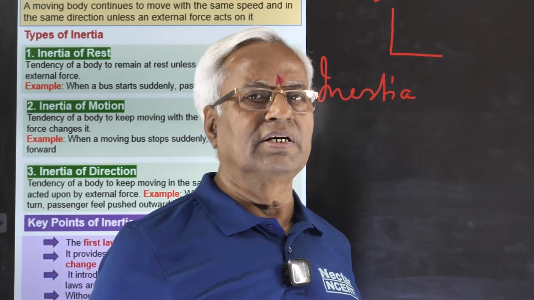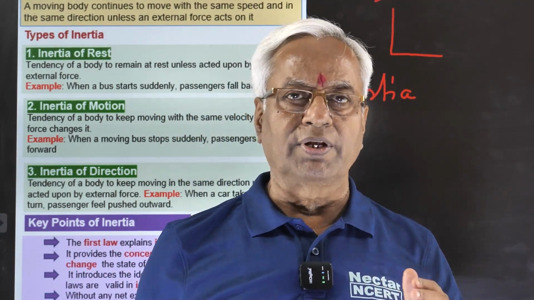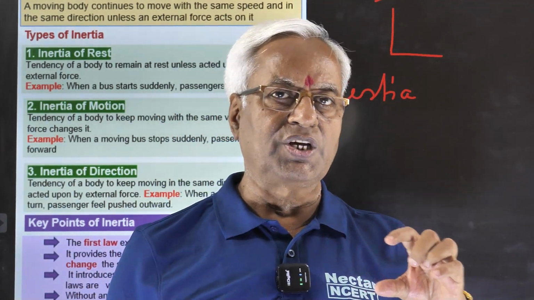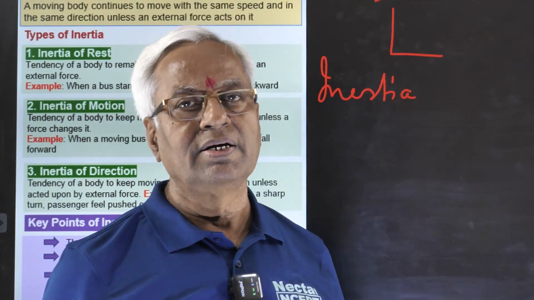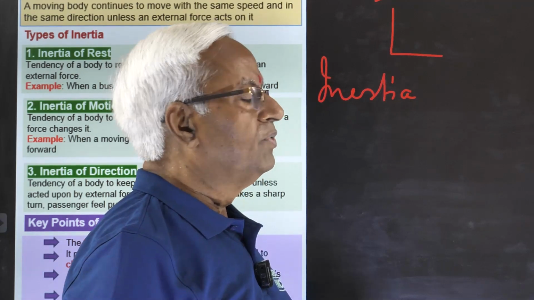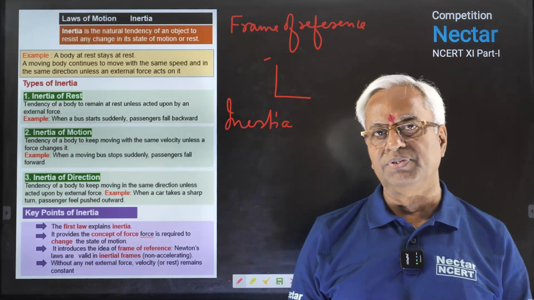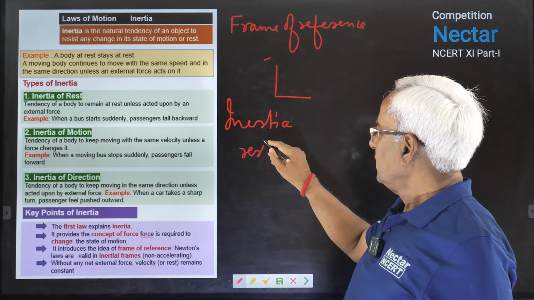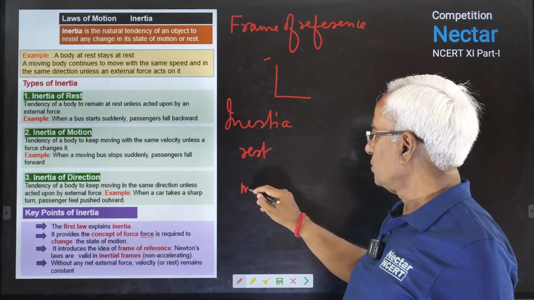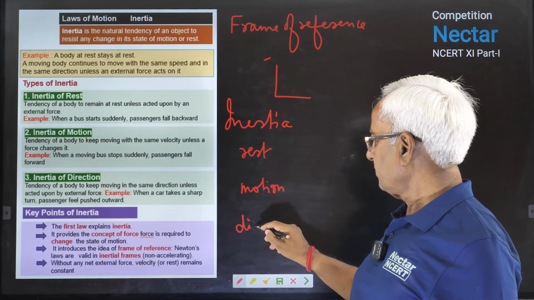Every body in the entire nature has a tendency to oppose, to resist, to hurdle the change in its state. This is called inertia. So inertia could be of 3 types in general: inertia of rest, inertia of motion, inertia of direction.